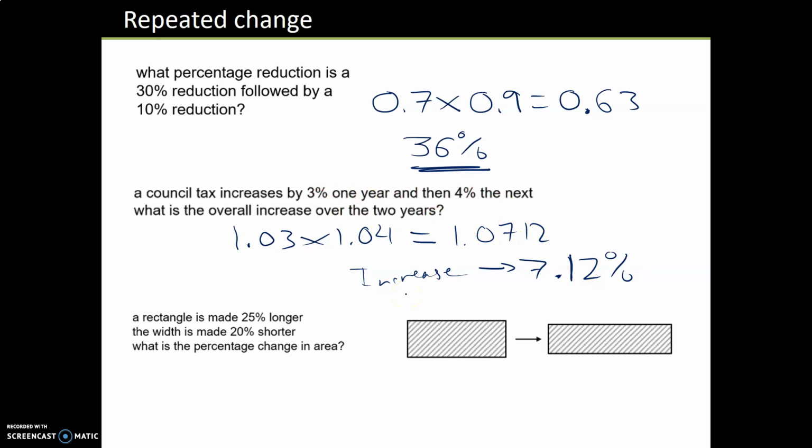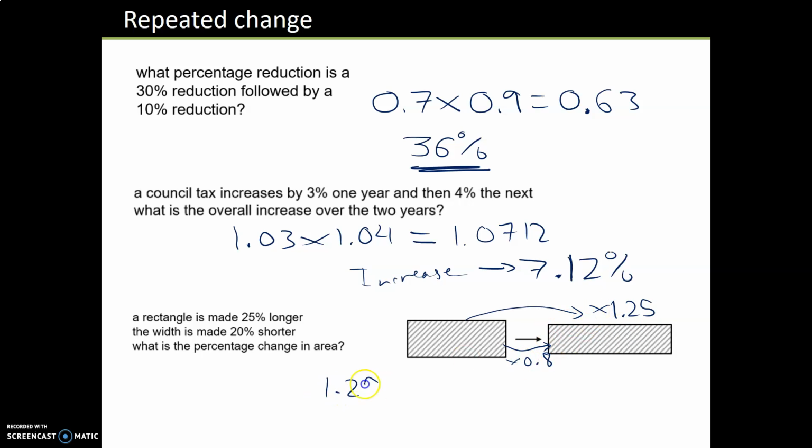And my last one, a rectangle, this is the sort of thing that actually comes up at GCSE every now and then, is made 25% longer and the width is 20% shorter. So I'm taking the length and increasing by 25%, so I'm multiplying by 1.25. But the width, or the height if you like, is 20% shorter, I'm multiplying by 0.8. So the area is going to change by these two multiplied together.